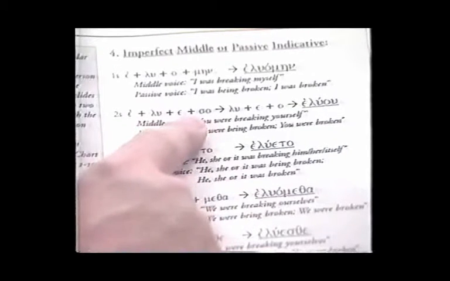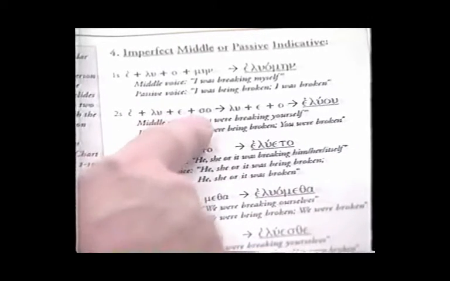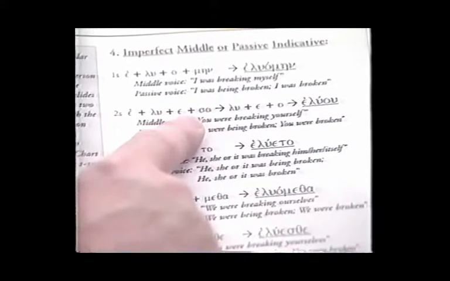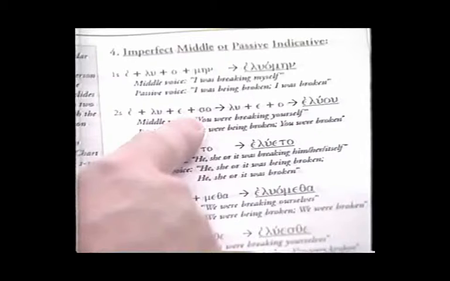And look at that sigma lying between these two vowels. That's called an intervocalic sigma, a sigma between two vowels. And in many places, that intervocalic sigma will elide with resulting contraction of the two vowels remaining. And that's what will happen here.